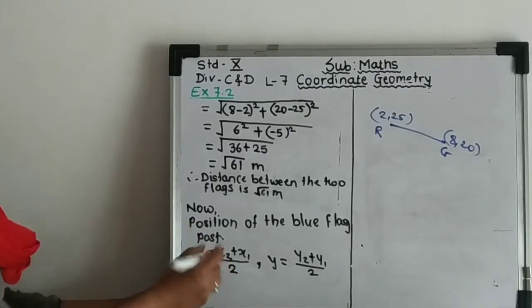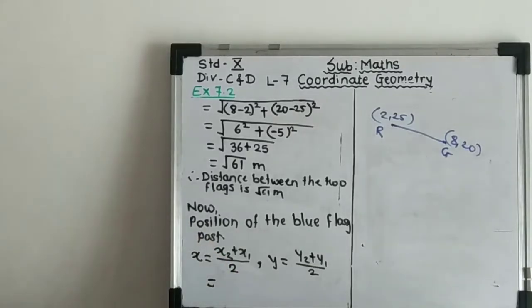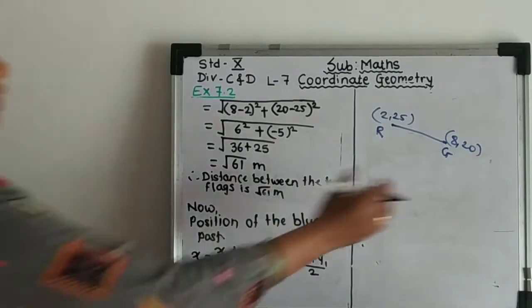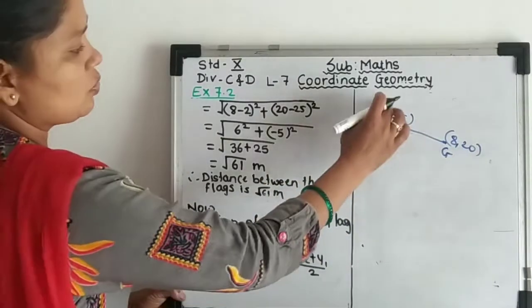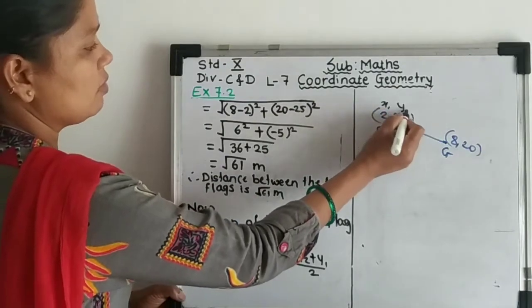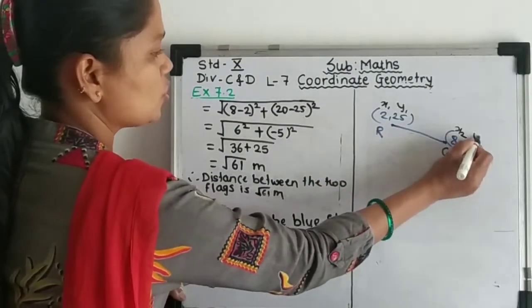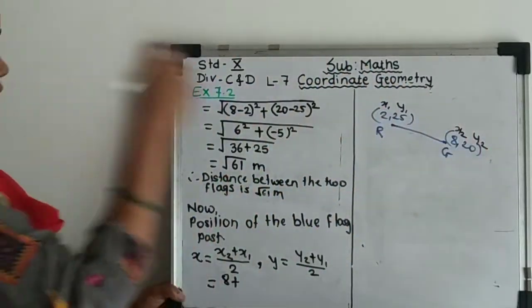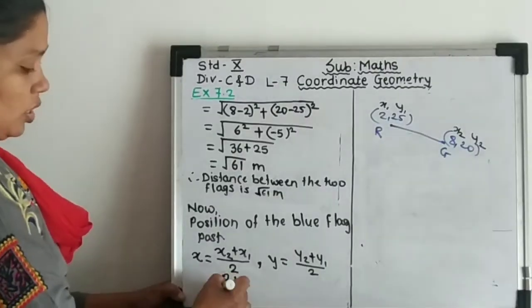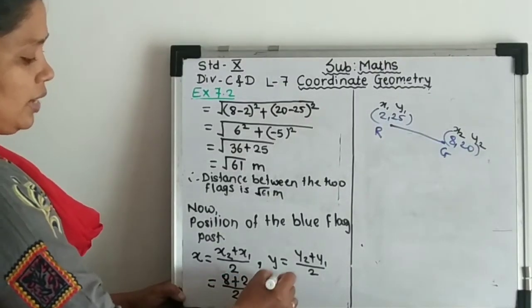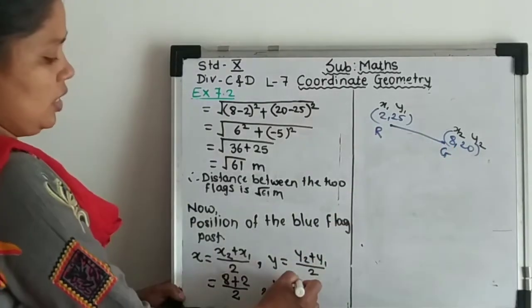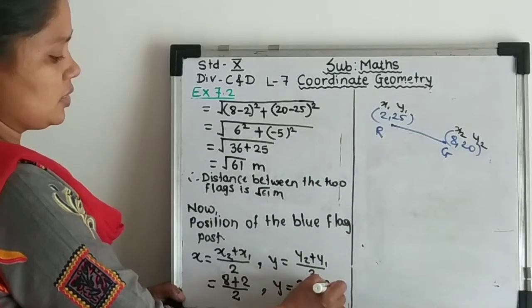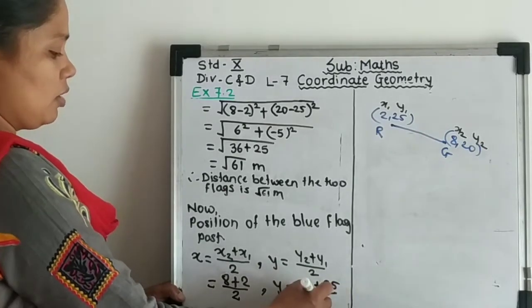So we will have x2 is 8 plus x1 is 2, this is x1 y1, this is your x2 y2, upon 2, and y is equal to y2 is 20 plus 25 upon 2.